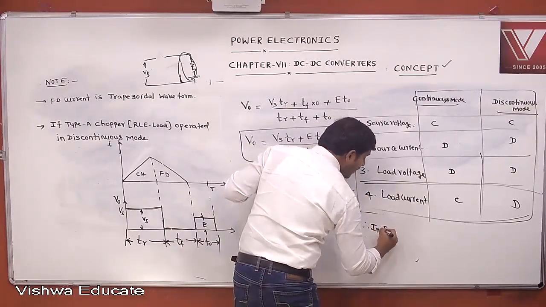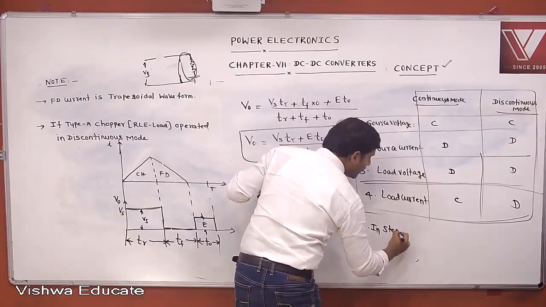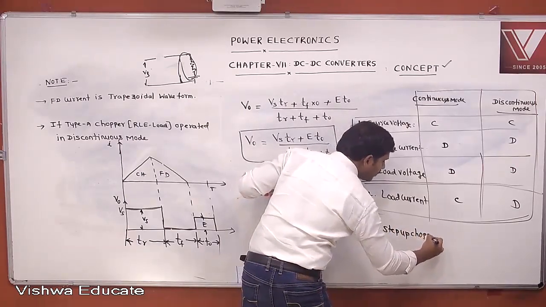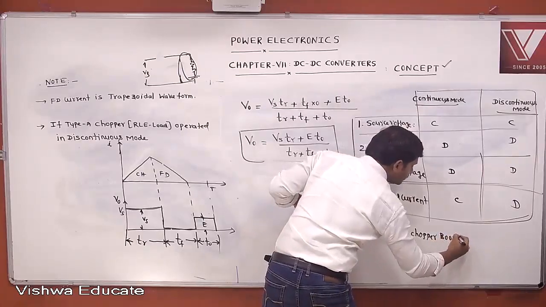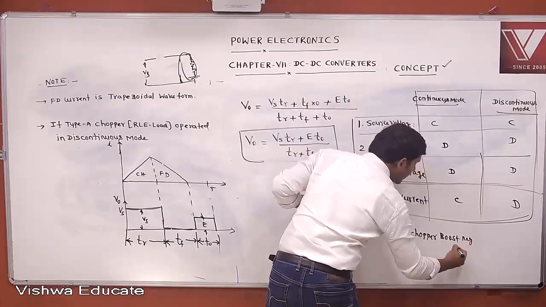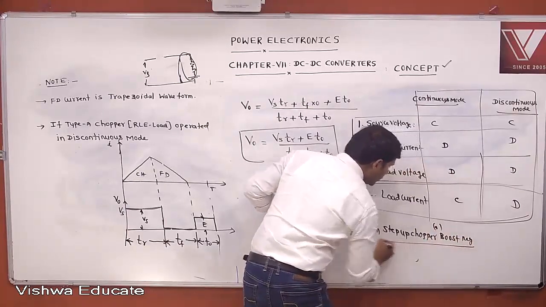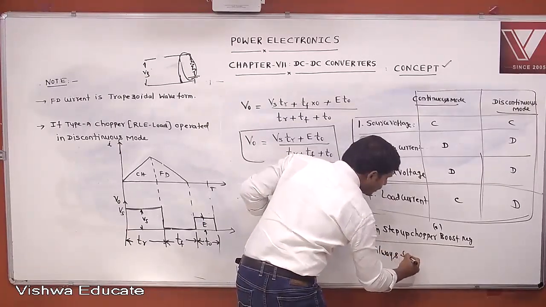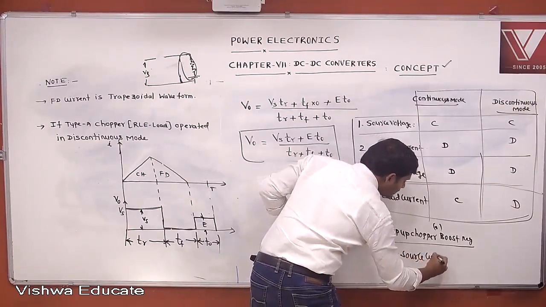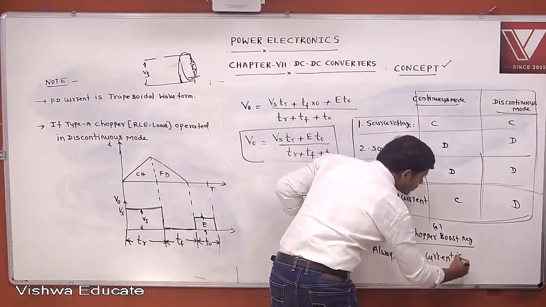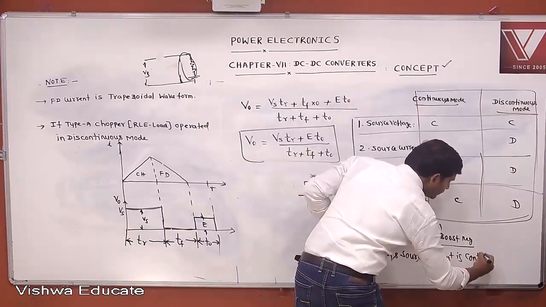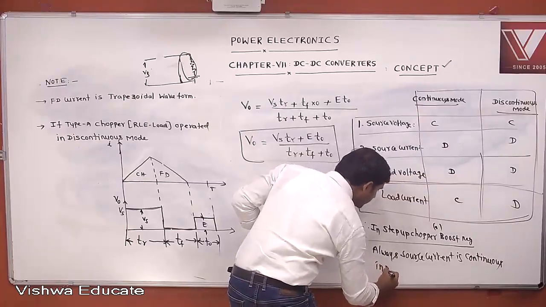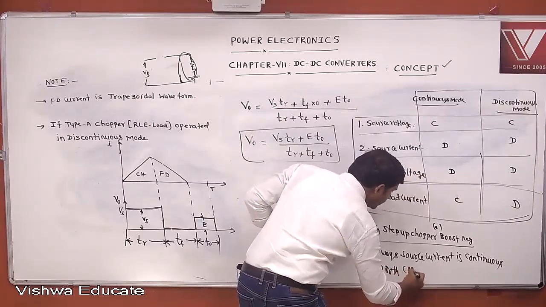But point to remember, in step-up chopper or boost regulator, source current is always continuous, in both continuous mode and discontinuous mode.